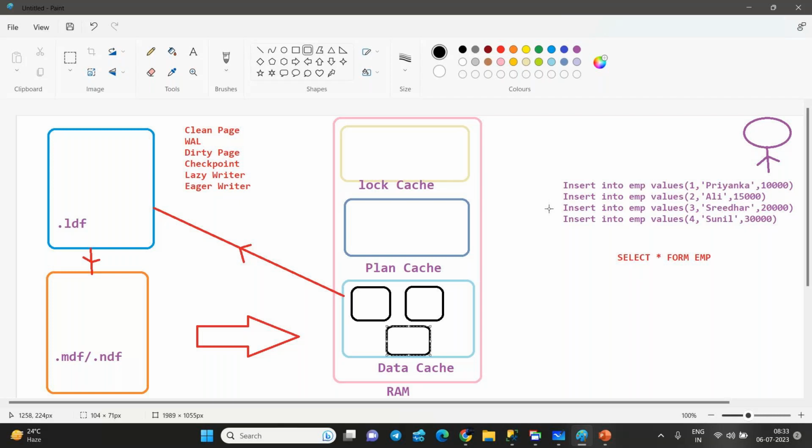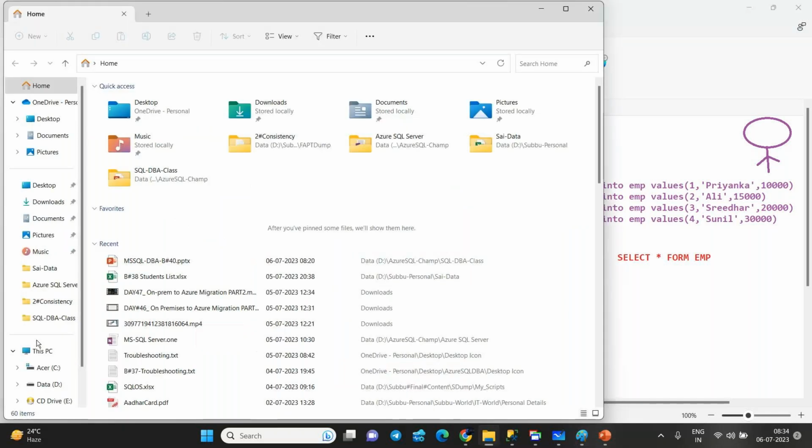So whenever there are no pages in the cache to perform this operation on this table, what will it do? It will connect to the physical disk. What is the physical disk, sir? C drive or D drive. For example, I am keeping it in the D drive.